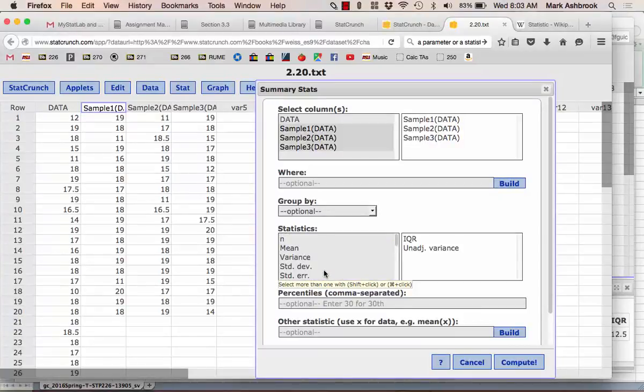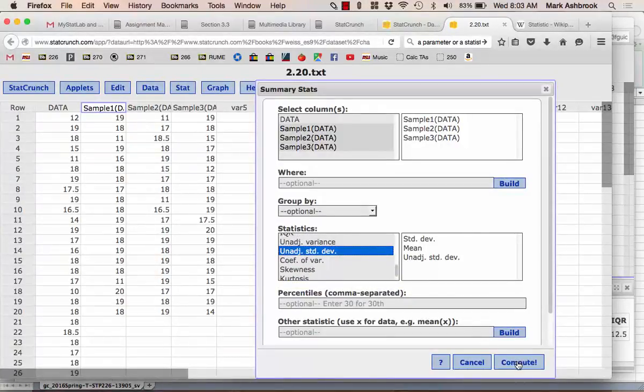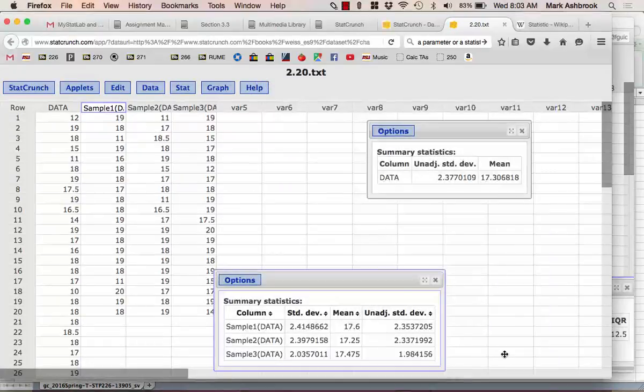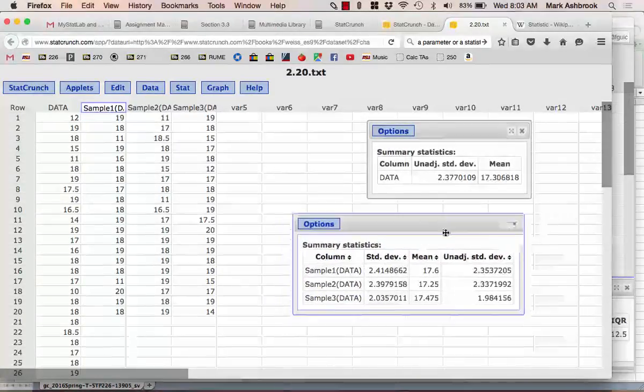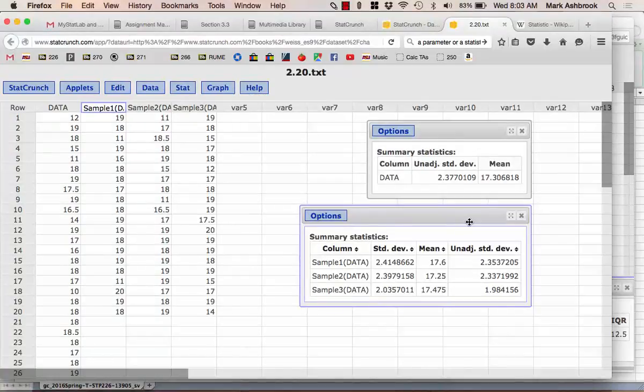I lost it here, so try again here. Standard deviation, mean. Okay, so here we go. So notice, here are our standard deviations from the unadjusted: 2.35, 2.33, and 1.98.